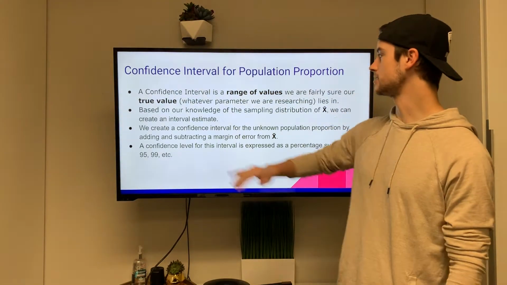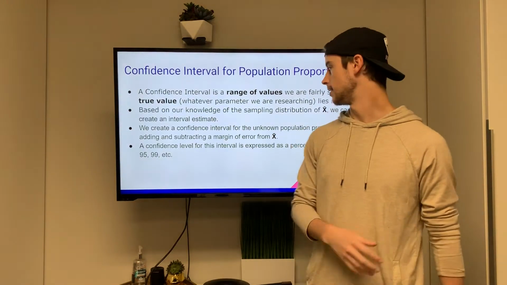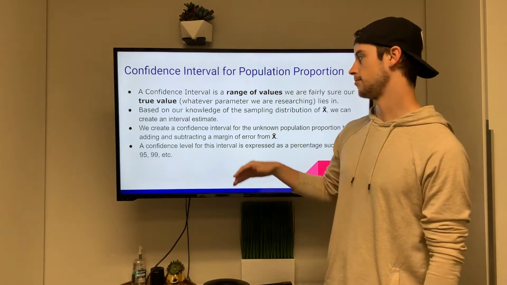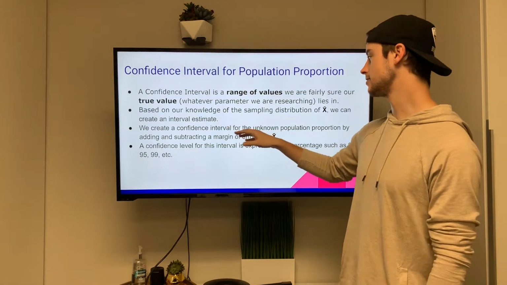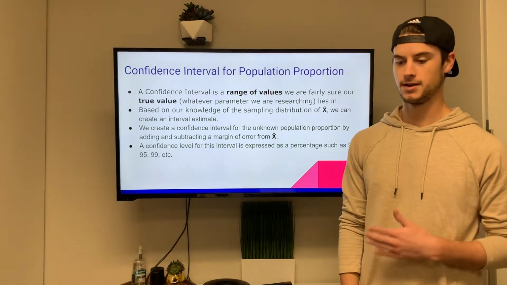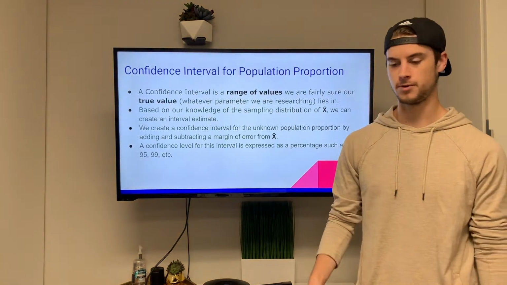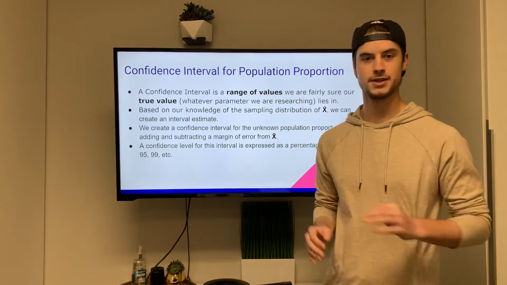Okay, so based on our knowledge of the sampling distribution of X bar, we can create an interval estimate, and then we can create a confidence interval for the unknown population proportion by adding and subtracting a margin of error from X bar. And we'll get into all of that here in a second, okay? But it's really simple.